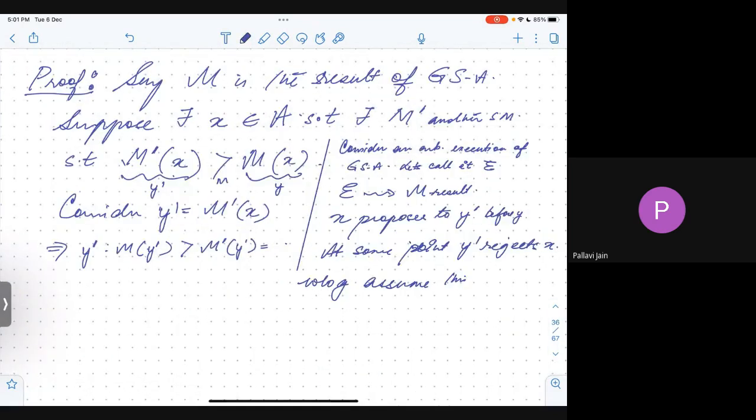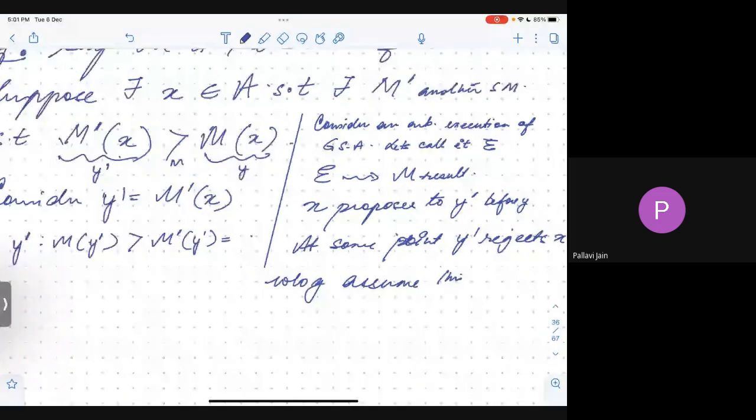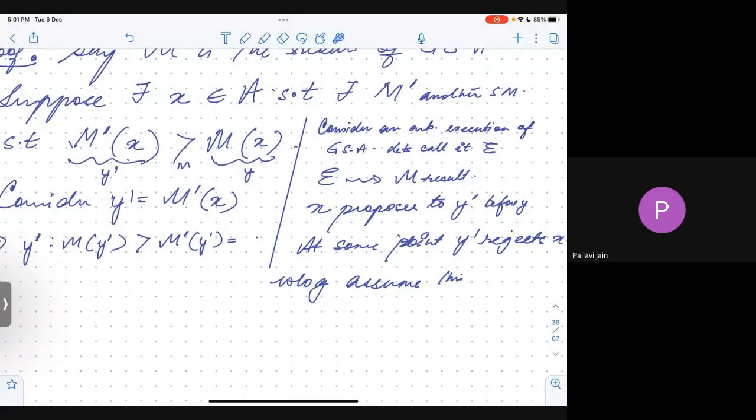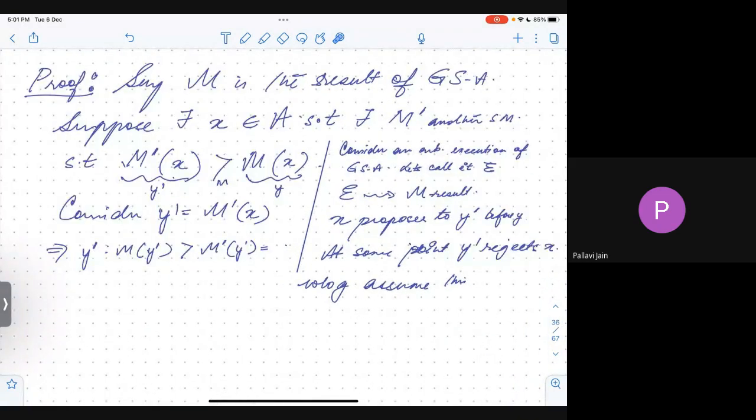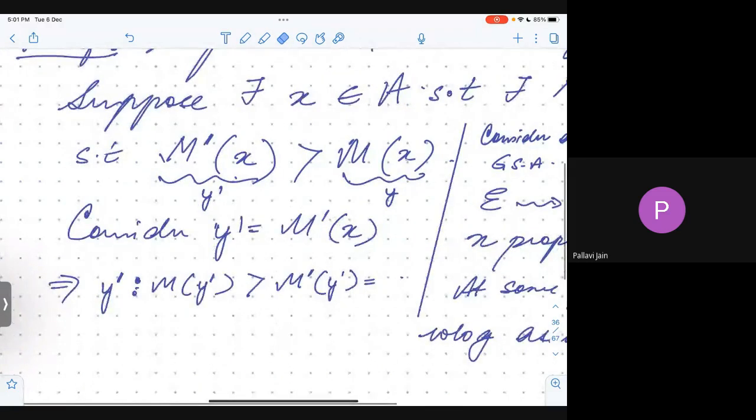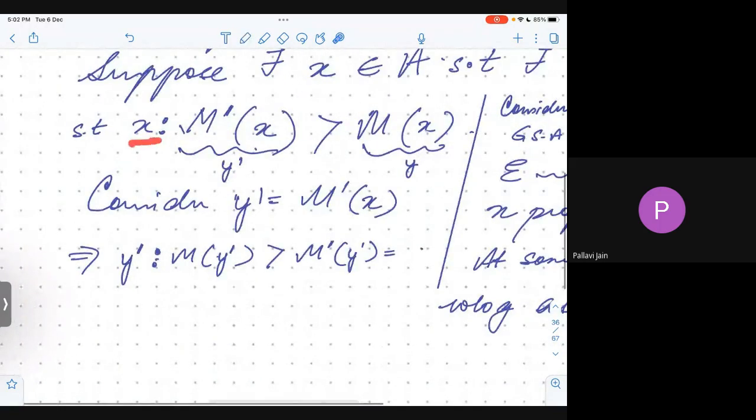So up until now, in all the proposals that have gone on, nobody would have rejected. Let me state this a little more. I'm using a bunch of different notations, sorry about that. This means in the preference list, Y prime is ranked above Y. And so this is the same thing.